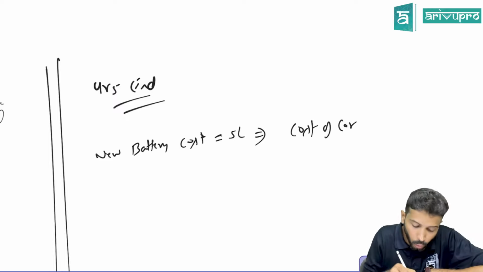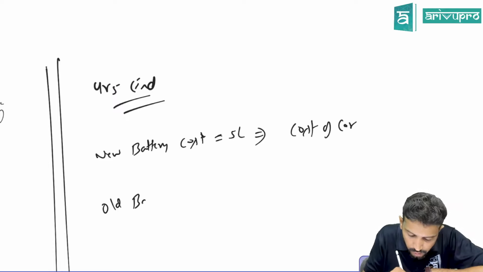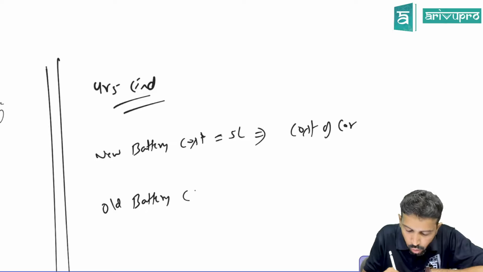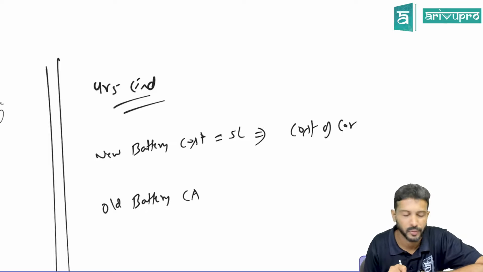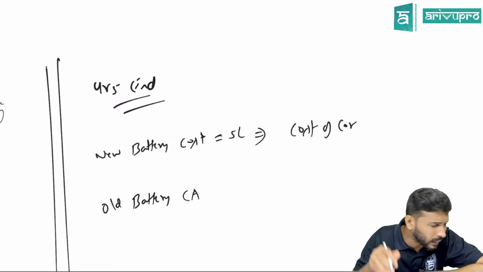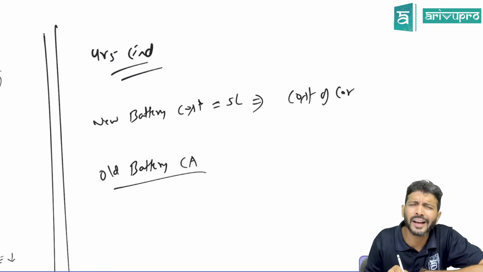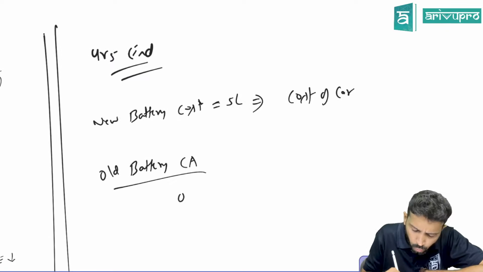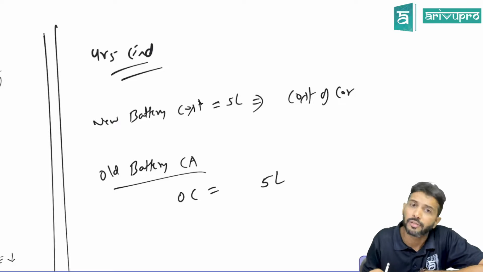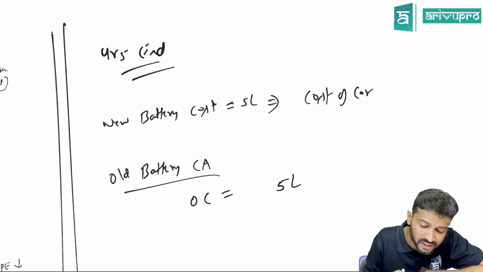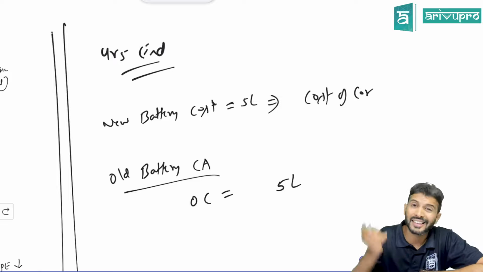Recognize basically. What about the carrying amount of the old battery? I have to derecognize. But hang on, check: do you have any carrying amount of the old battery? What was the original cost of the old battery? 5 lakh. When did I replace it? At the end of 5th year.